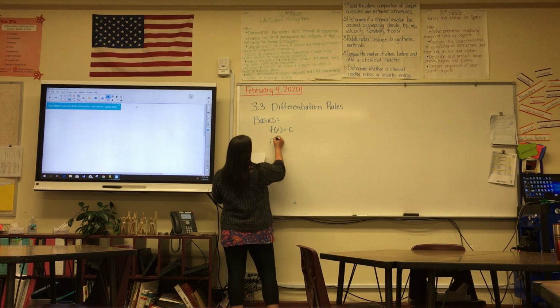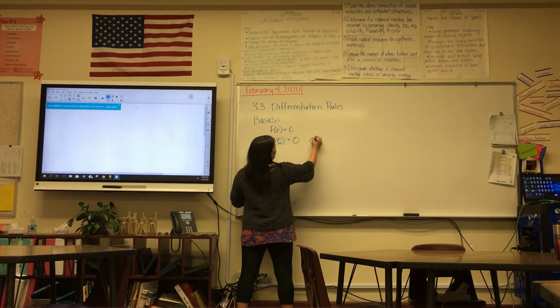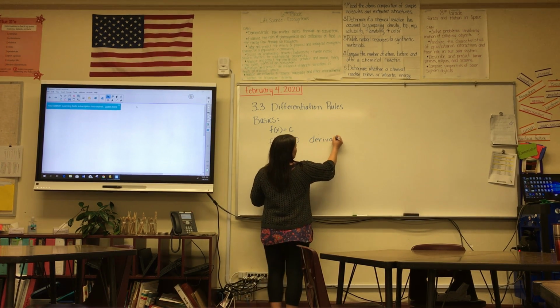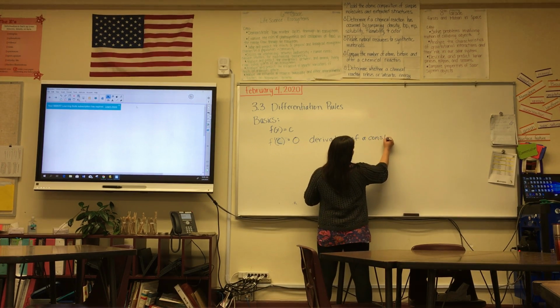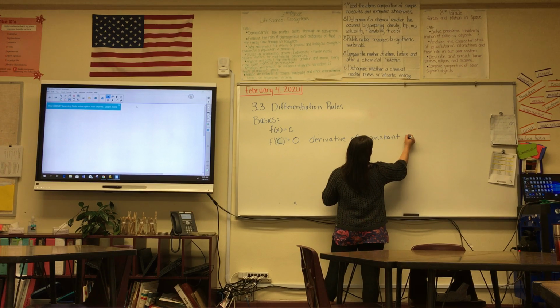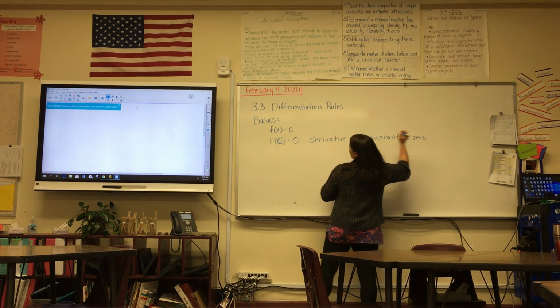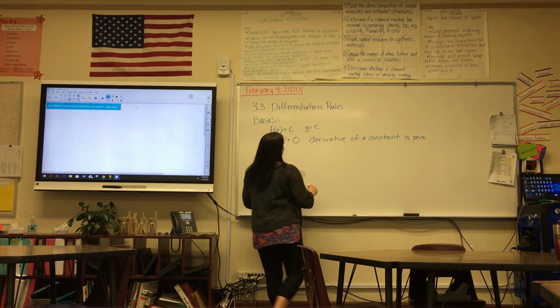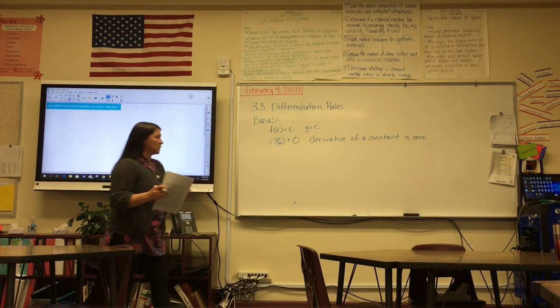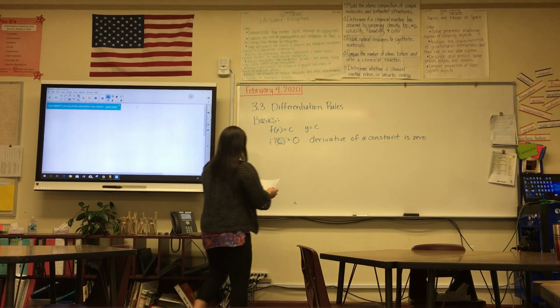So the derivative of a constant is 0, because it's just a horizontal line.